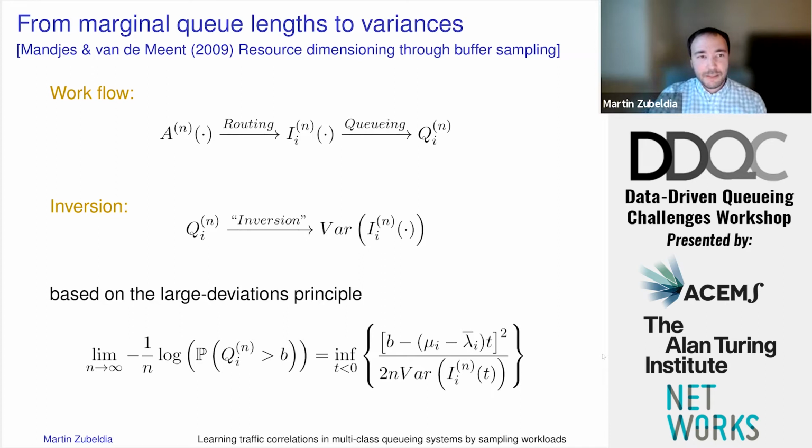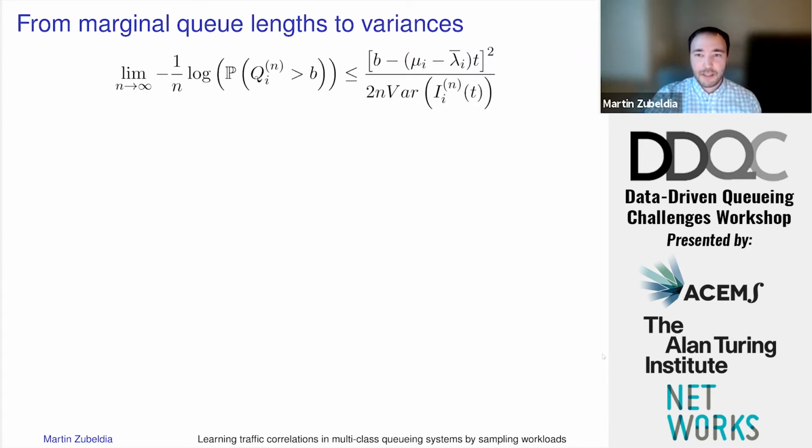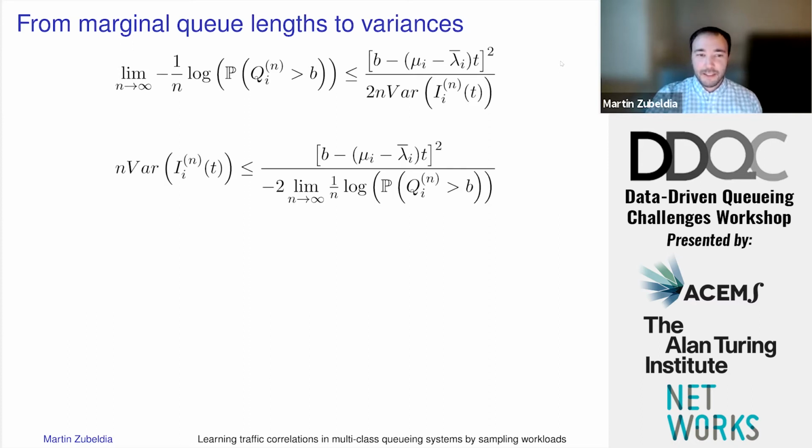So what they did in this paper from 2009, they say, okay, for starters, let's take out the infimum over all these parameters t, and we get this just less than or equal, with equality for the t that was a minimizer of the right-hand side before. So for each b, you get a t that minimizes, and this is an equality for that case. And then without the infimum, we take the variance to the left, and we take the limit to the right.